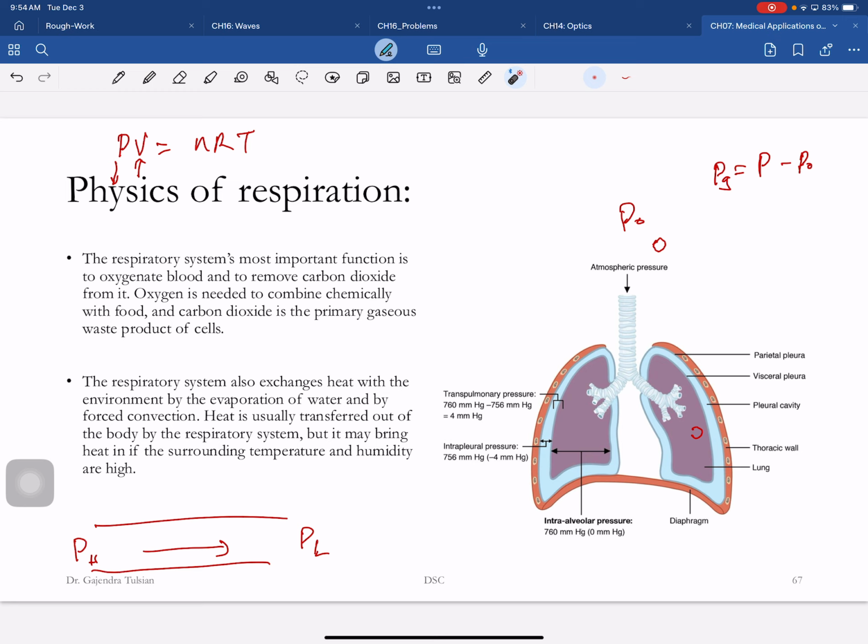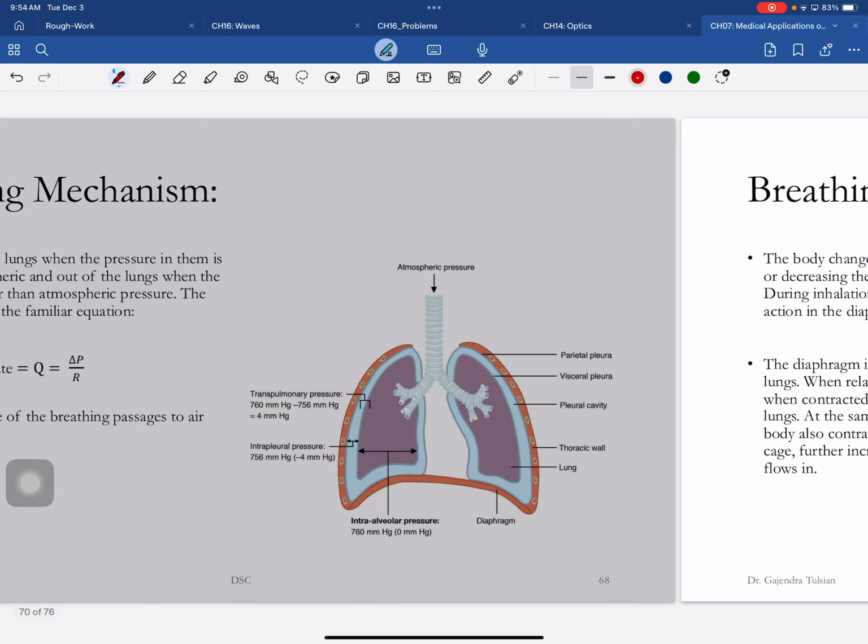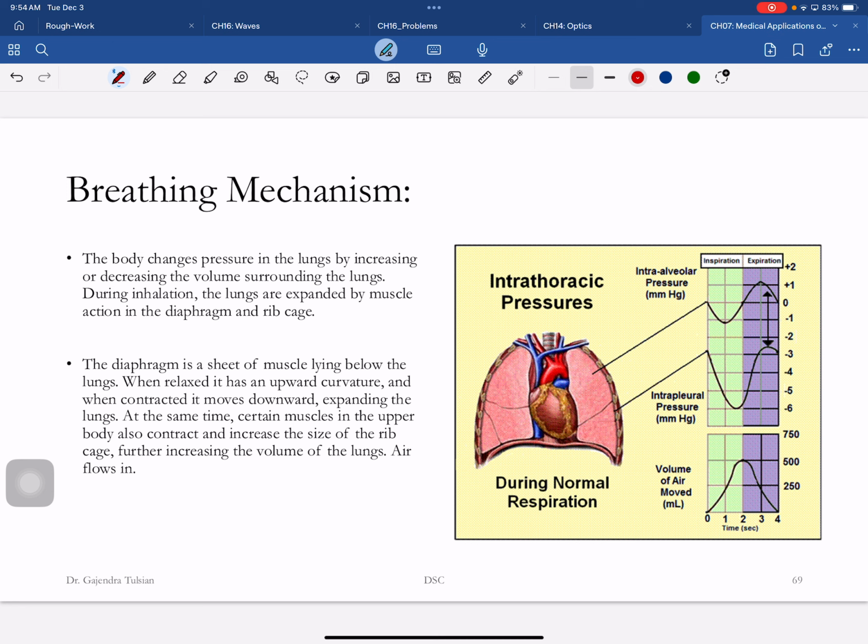See, it drops from minus 3, but anyway, it drops to minus 6, and the pressure now becomes minus 2 inside the alveoli, and air will move in. Your alveoli fill up with air, your lungs fill up with air.